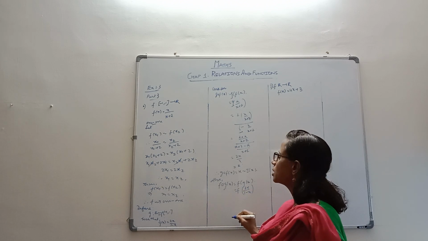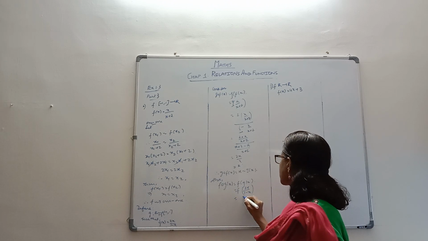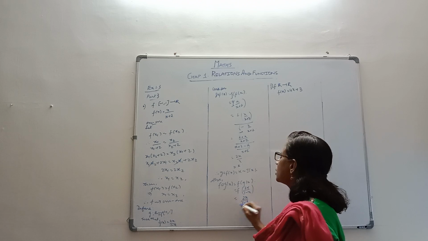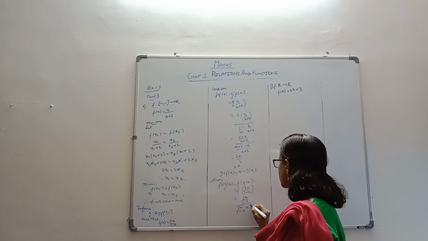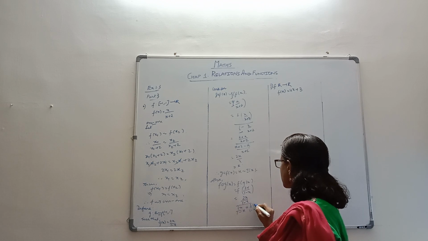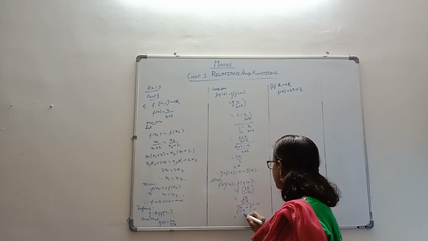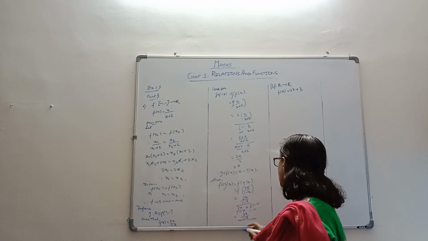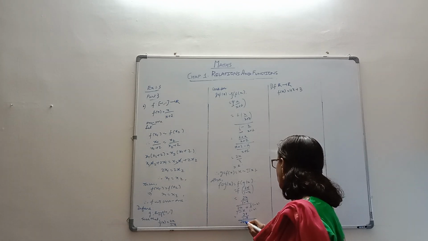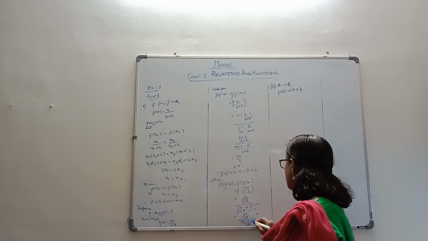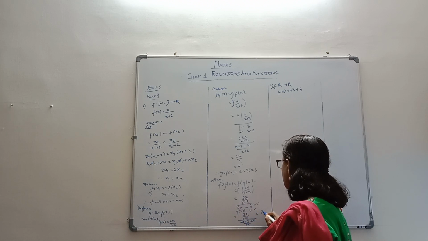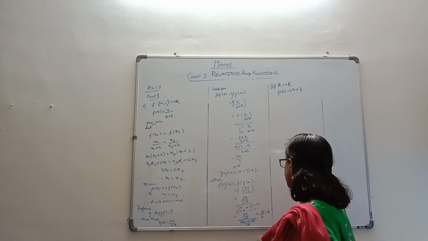The definition of f is x by x plus 2, so we get 2x by 1 minus x, whole by 2x by 1 minus x plus 2. The 1 minus x terms cancel, the 2x terms cancel, and 2x by 2 is x.